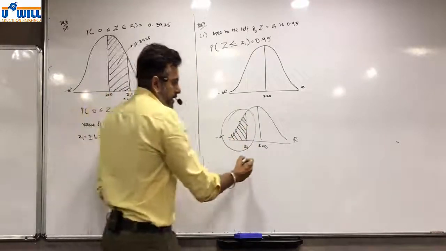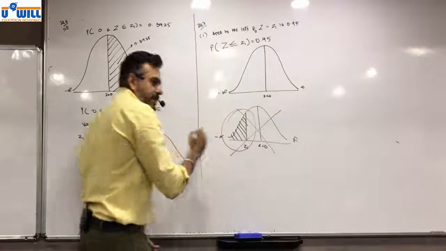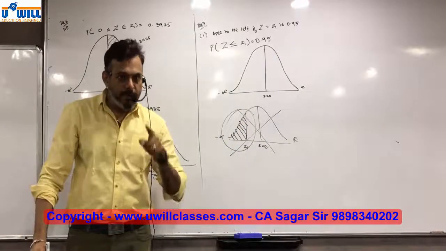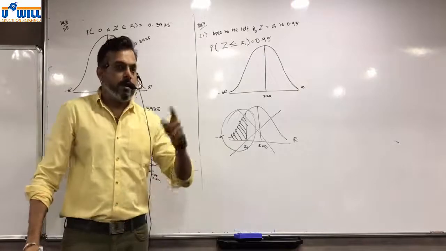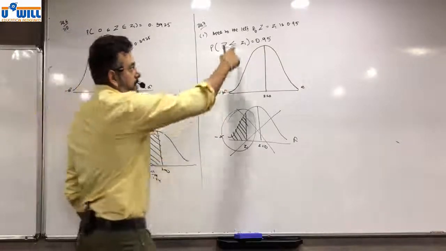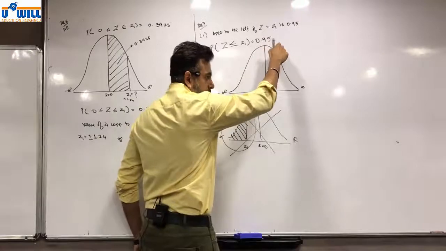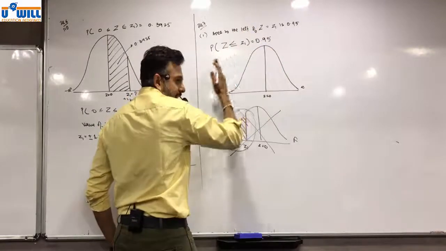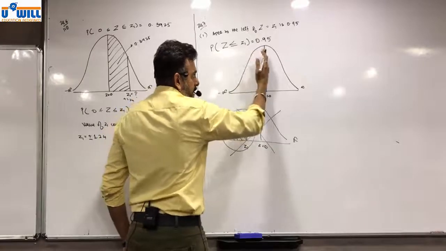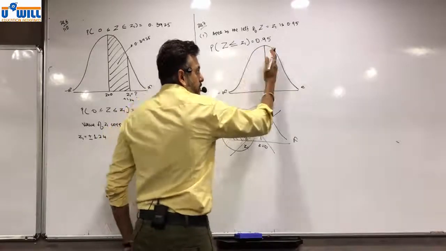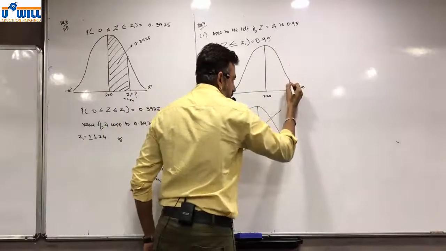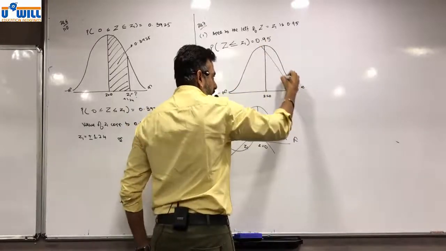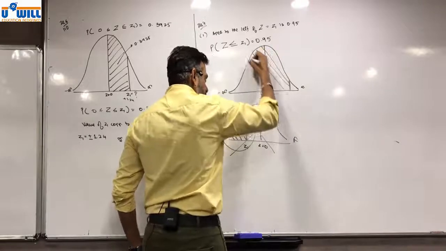Hence, we cannot take Z1 as negative. This is the concept. समझ में आया? But over here it is given 95%. So I want from the left side shading and 95. तो यहाँ से करूँगा तो 50 ही होगा. So this is somewhere over here. Now I want this complete area. So we shade this.